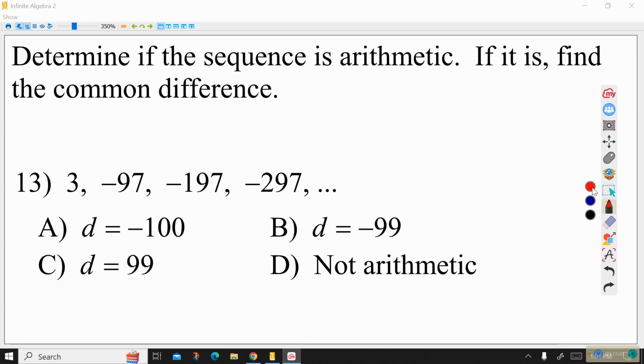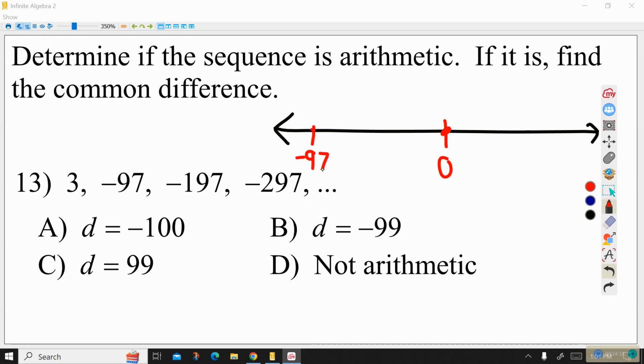In a lot of ways, one of the themes in mathematics is 0 being in the middle, and so we have to think about that. That causes a lot of stress for some people. If we look at this side, negative 97, that tells me that this line in between there to there must be 97 steps. That's the length of this. But on this side, we have 3 somewhere, and that means I have to take another 3 steps.